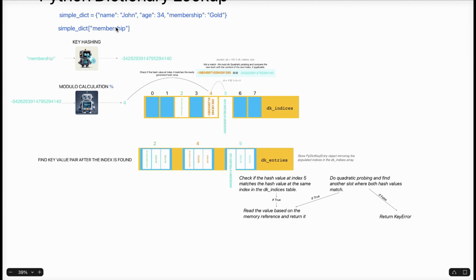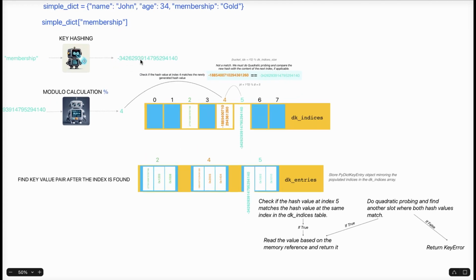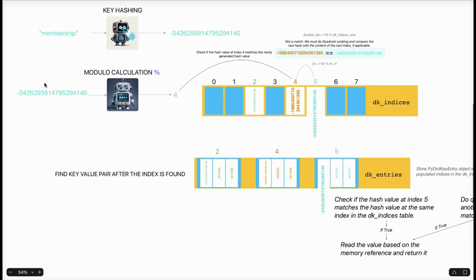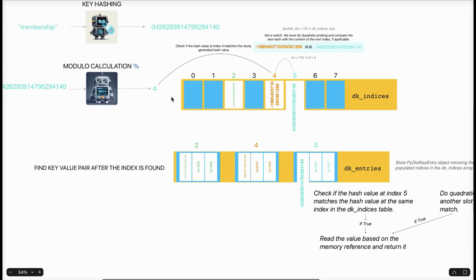What we do is exactly the same thing. We take the key, pass it through our hashing algorithm to produce a hash value. Let me zoom in a little bit so it's visible. Then we calculate the modulo of this value to determine where to look, as we've discussed earlier.